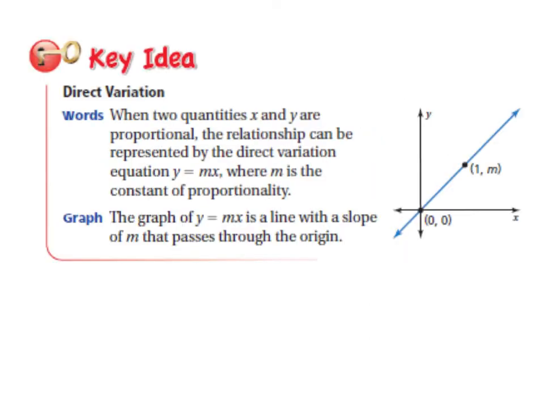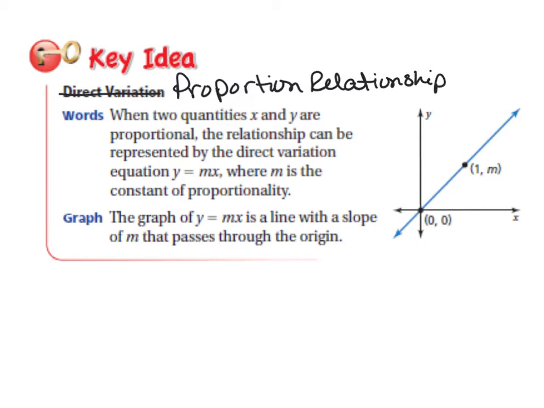Here's what I want you to put down for what we're going to call, instead of direct variation, proportional relationships. Pause the video and write this down if you need to. In words, it's when two quantities, x and y, are proportional.